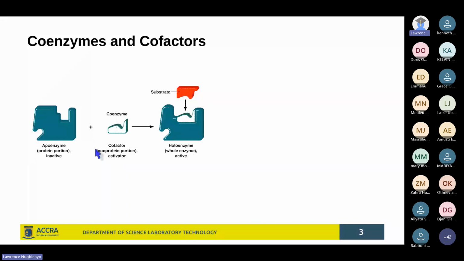So if you look at it this way, we saw different levels of the structure of proteins: the primary structure, secondary structure, tertiary structure, and the quaternary structure. The primary structure is just the sequence of amino acids in a peptide chain, and the secondary structure is either alpha helix or beta sheets.